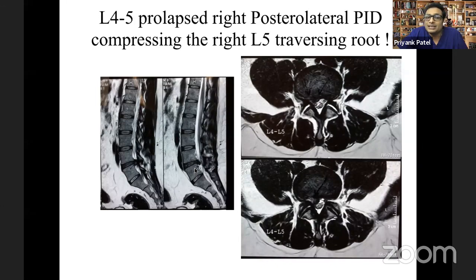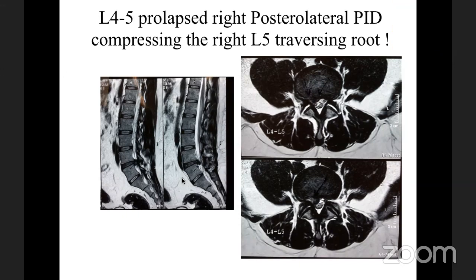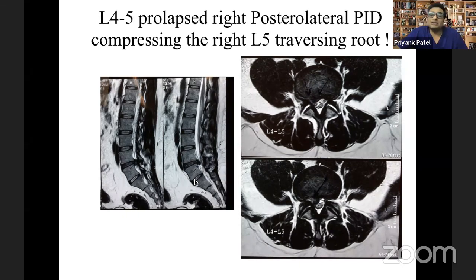But let's say this was a part of the sacrum which is now lumbarized, then the radiologist will label this as an L5-S1 disc, and then you will be confused because it's looking different. So if there is confusion in the levels, two things you can do: if the radiologist has labeled something as L4-5, you use that as your terminology.